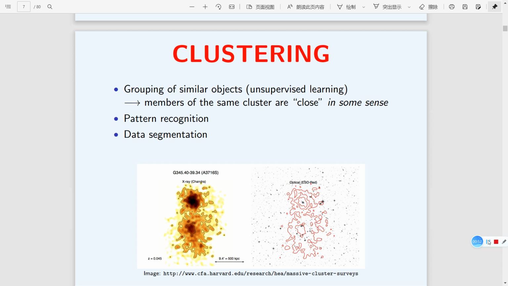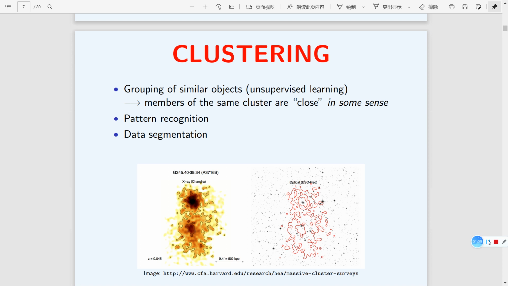So we need to find ways without a class label to group things together. For example, if we look at the diagram on our left, just by visualization we could see two groups.